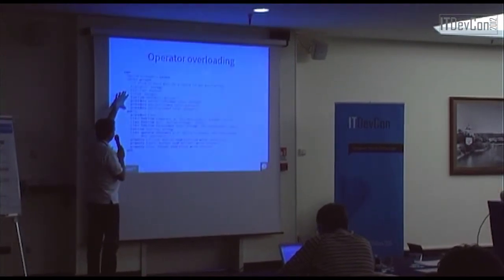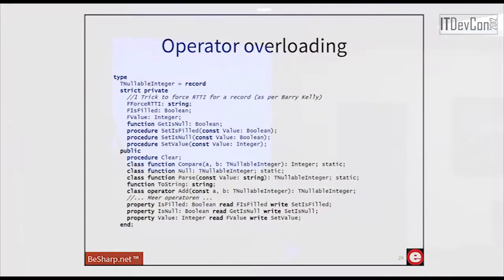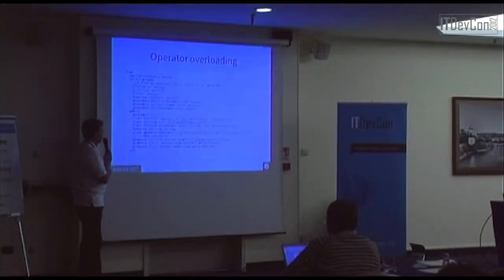So this is all strict private. The reason is that you cannot overwrite records. So classes, you can have descending classes that overwrite existing behaviors, not so with records. I regret that because that would have made my code so much easier to write.